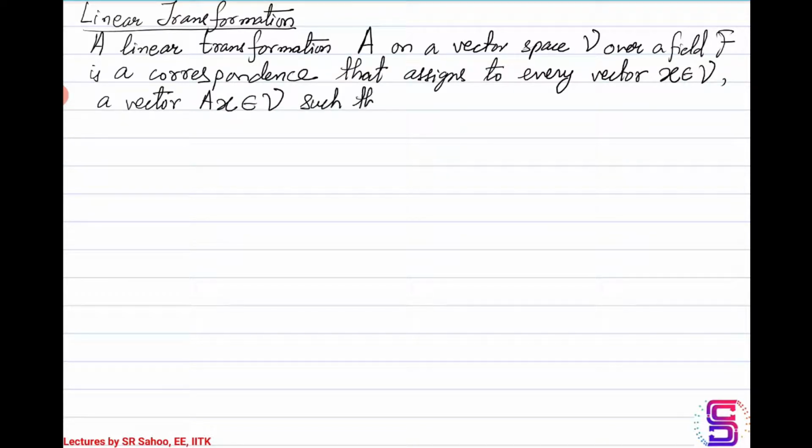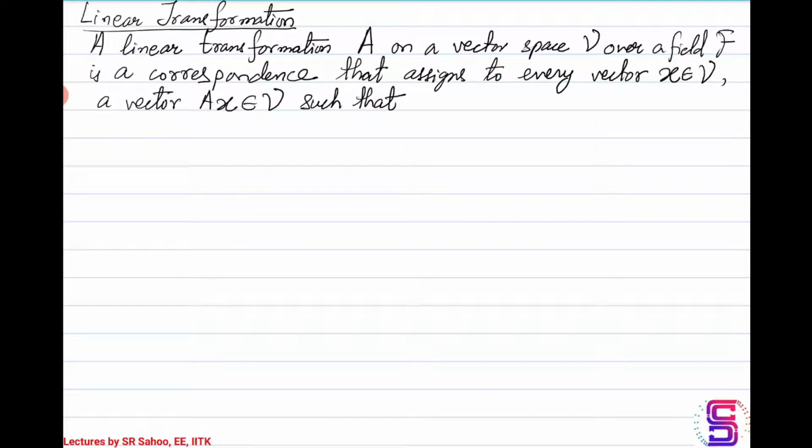So, a linear transformation is essentially a transformation or a map which relates every vector x to a corresponding vector, which is obtained by making A operate on the vector x.